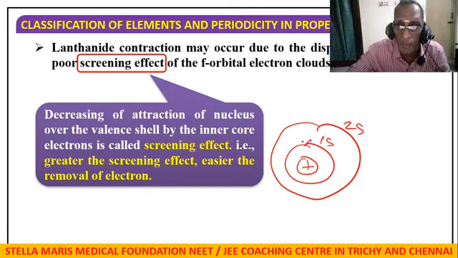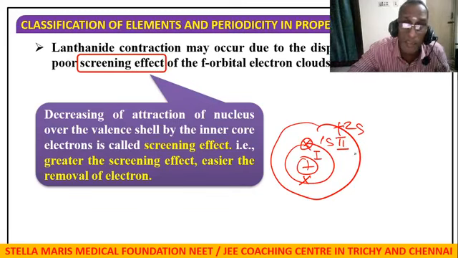Here two electrons are there, then the third electron comes here. So, of the nucleus and these two, one of these first shell electrons will block the second shell electron against the nucleus.